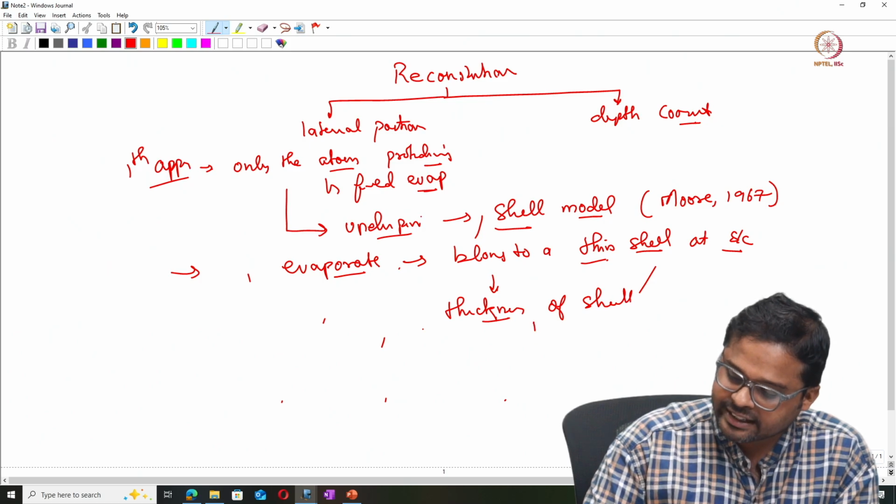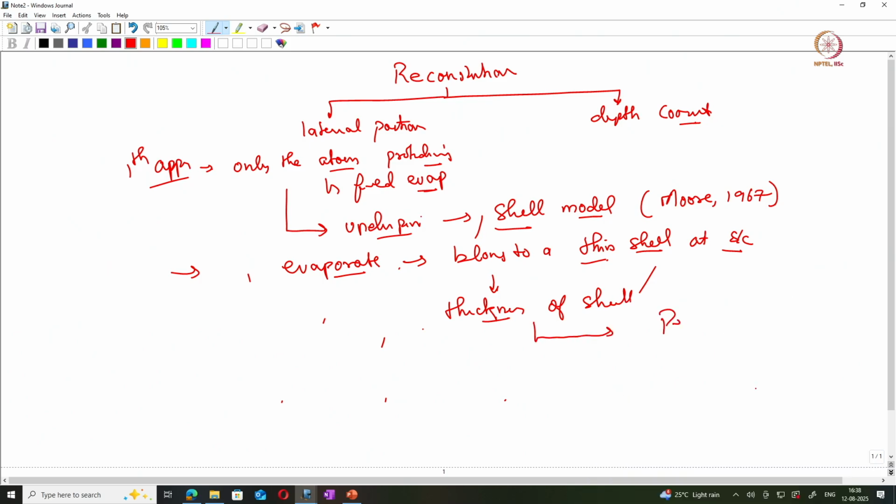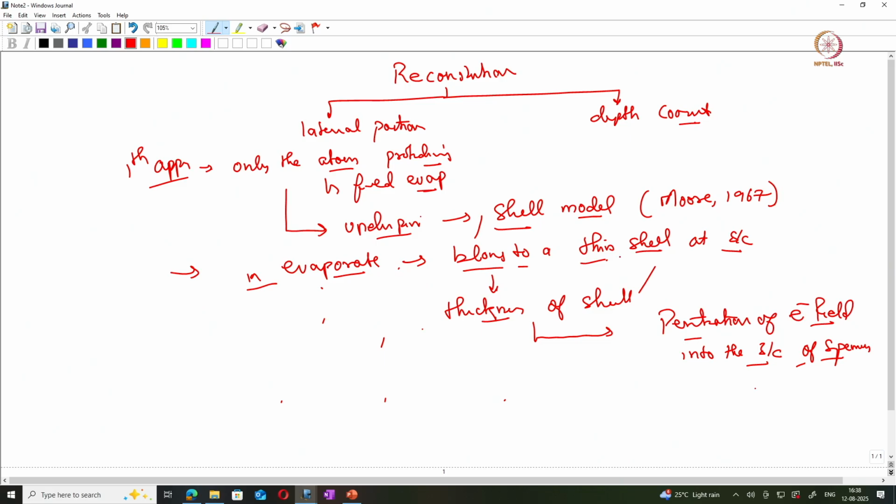which directly relates to the penetration of the electric field into the surface of the specimen. Okay, so the atoms which are protruding at the surface get field evaporated, and it was assumed that they belong to a thin shell.